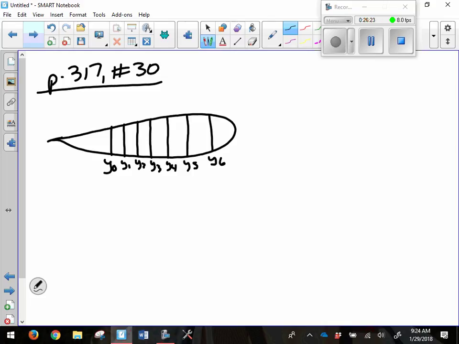And I'm not going to copy it down, but they give you what all those y values are, correct? Okay. And we need to find the area of this part.